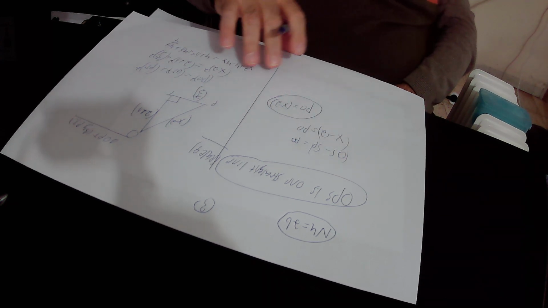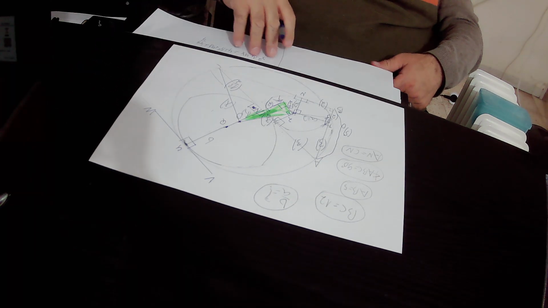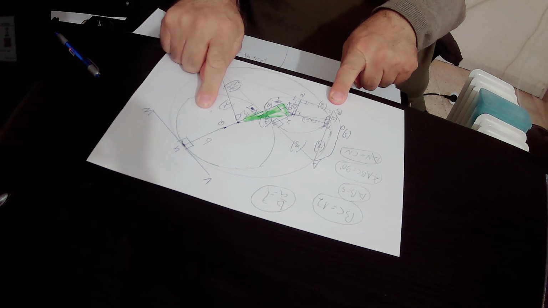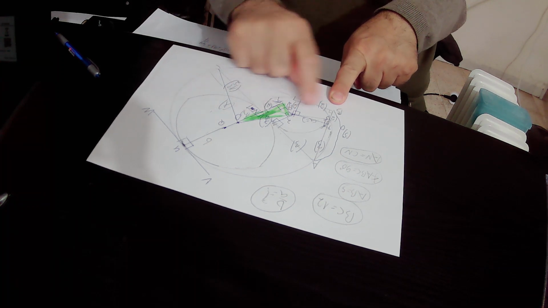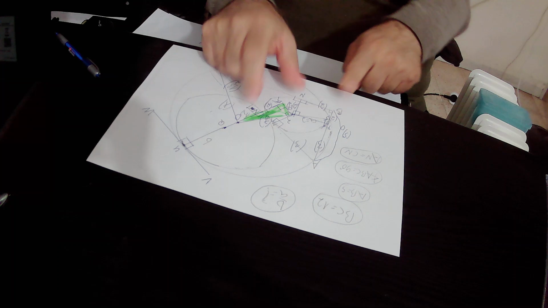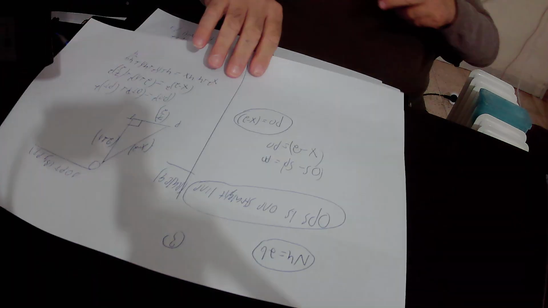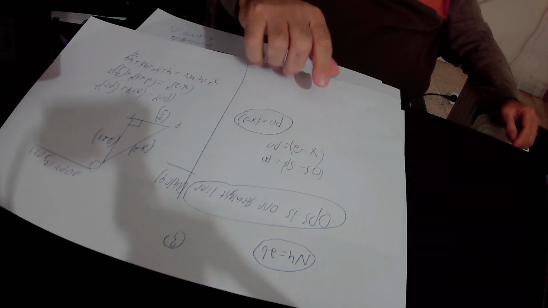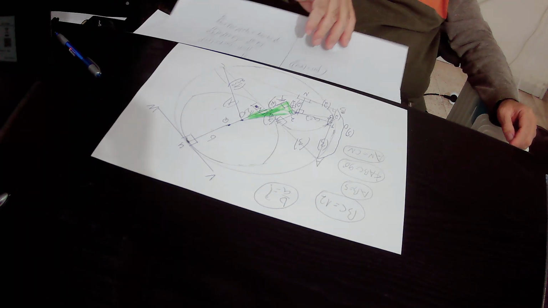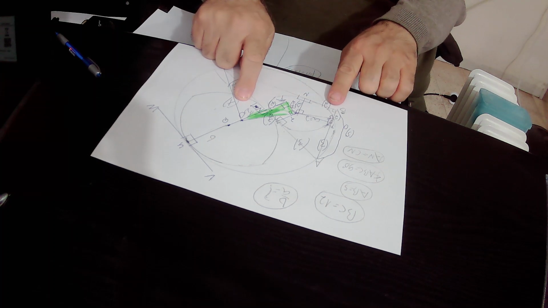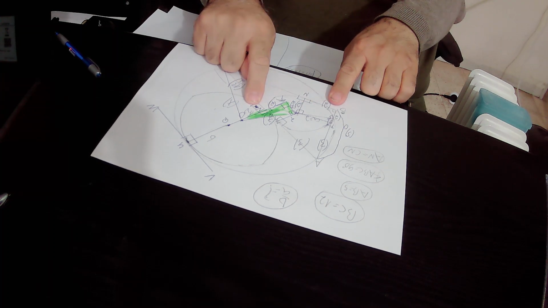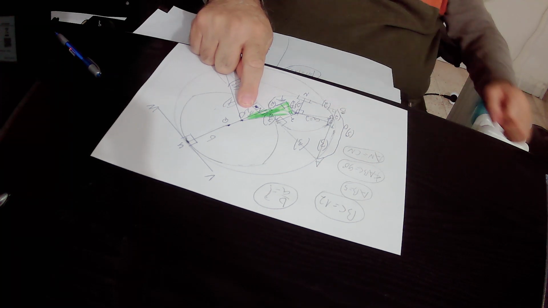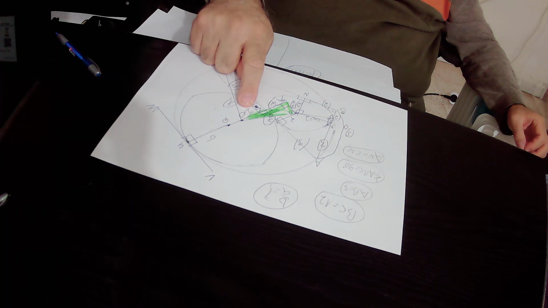So if OPS is one straight line, it means that SO minus SP is PO. Remember that SPO is one straight line, so SO is also a straight line. What is the definition of the straight line SO?